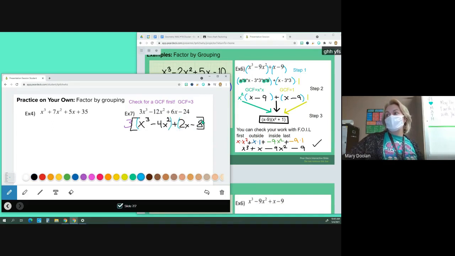Okay, so now when you go to do your grouping, this is what you're grouping. And you're looking for a GCF of each of these individually. So is there a GCF here? I'm going to try typing that.